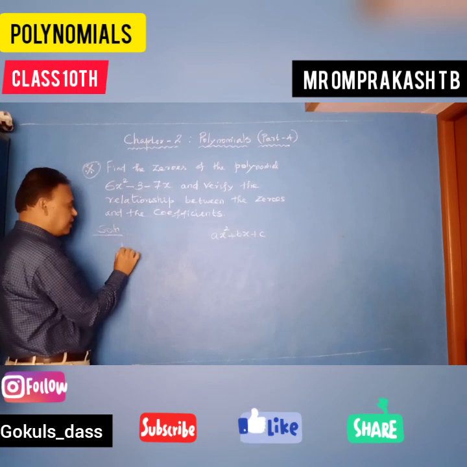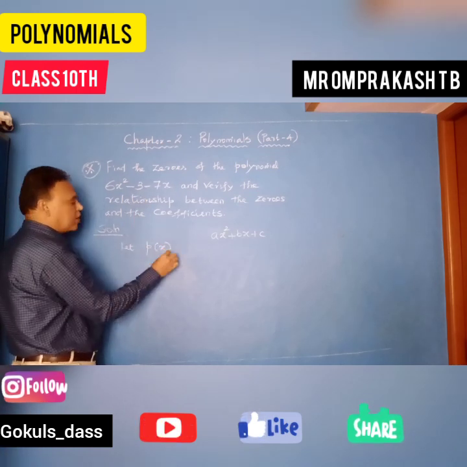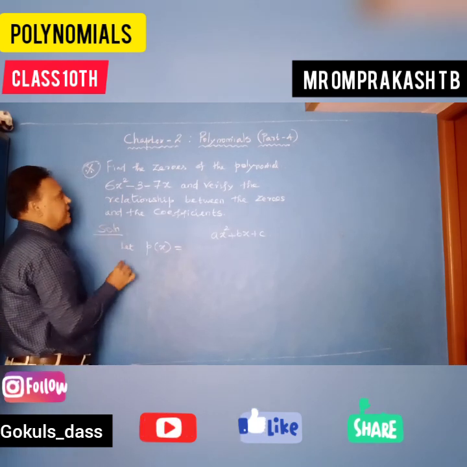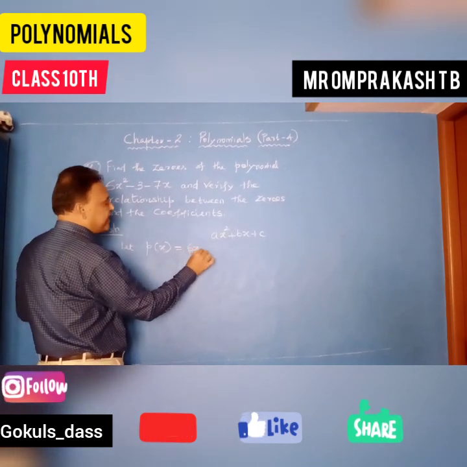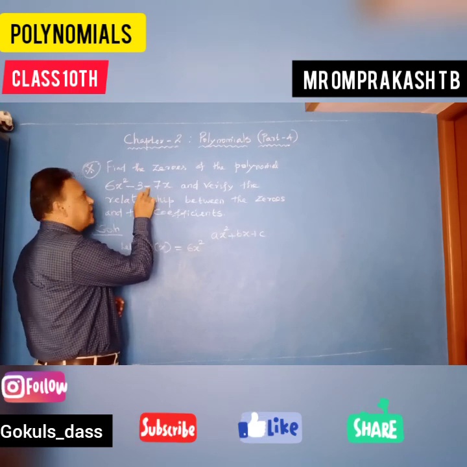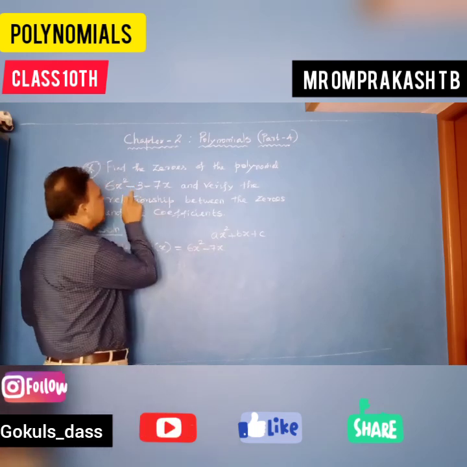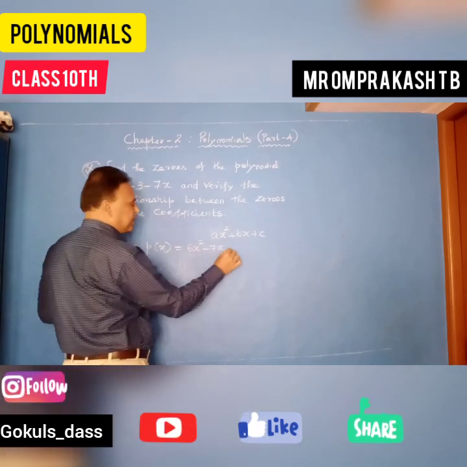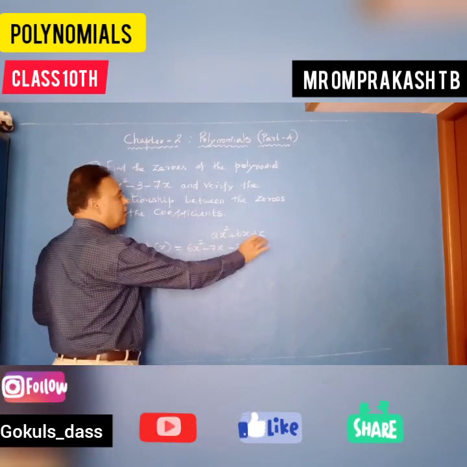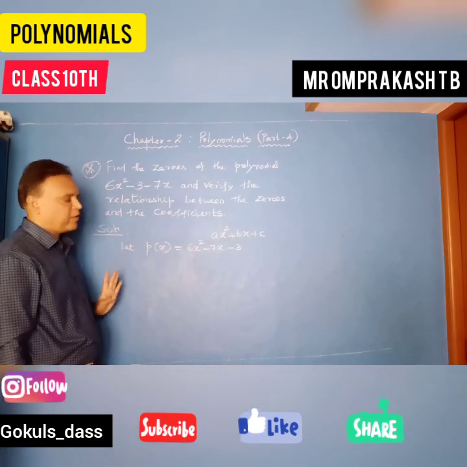Let us assume p of x, always denote the quadratic polynomial as p of x. So 6x squared, next you have to write the x term with sign, minus 7x. Clear? Then minus 3 with sign, correctly written in standard form. This is the same form we have written. Clear?